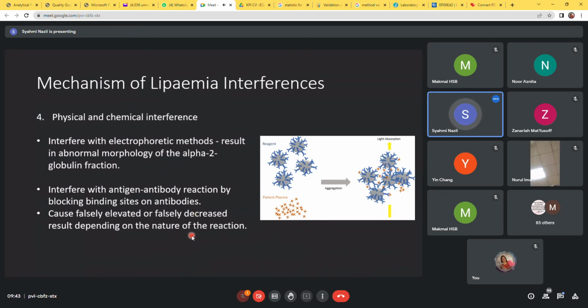It can cause falsely elevated or falsely decreased results depending on the nature of the reaction itself. As you can see from the figures, if the patient has lipemic samples, when they form this aggregation, it will lead to an increase of light absorption that will lead to a falsely increased analyte value. So that's all for the mechanism of lipemia interference.